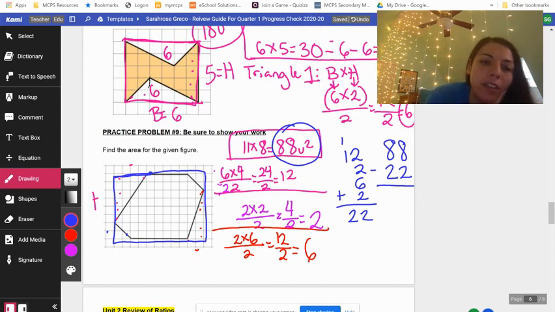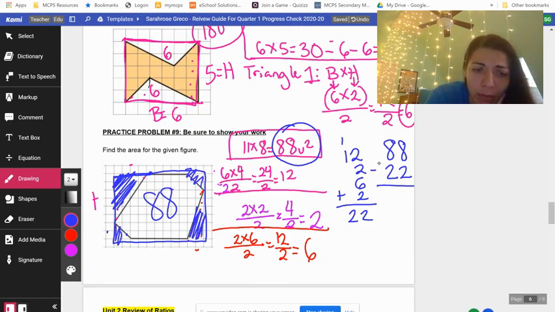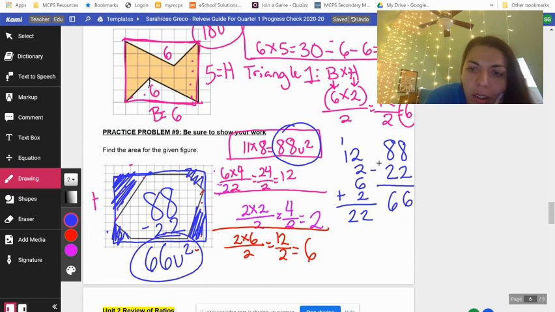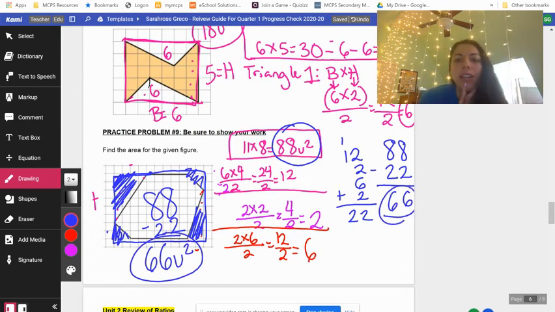We got an area of 88. But we don't want these end triangles. So we found the area of each of these triangles, and now we subtract it from 88. 88 minus 22 is 66. So your answer was 66 units squared. Hopefully that was helpful.